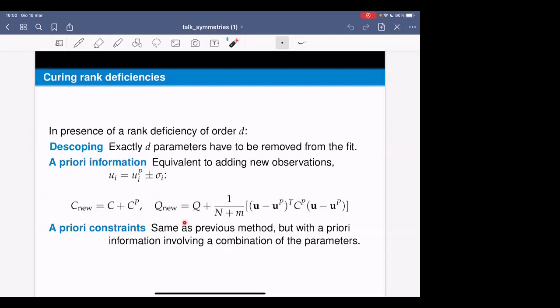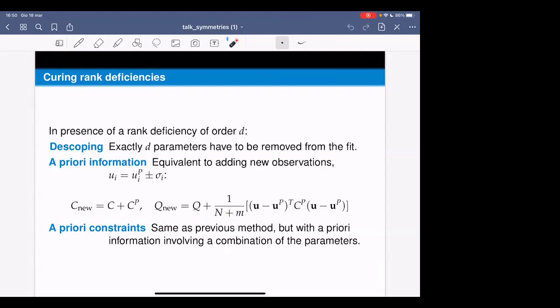And then we can modify the target function and go on with the differential corrections algorithm. If the a priori information is good enough, we can cure the rank deficiency and we can get a solution.